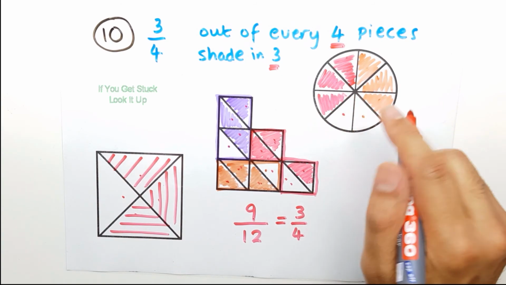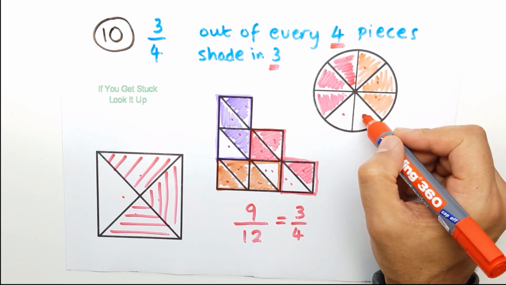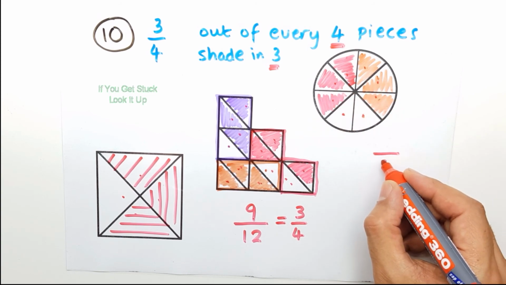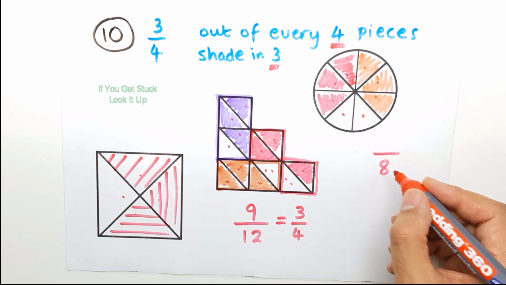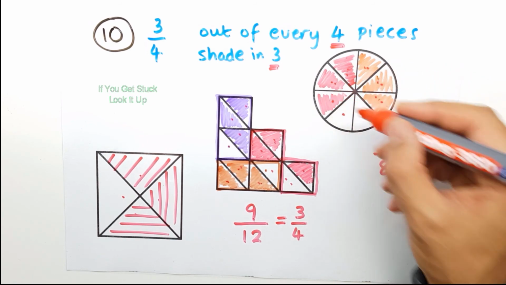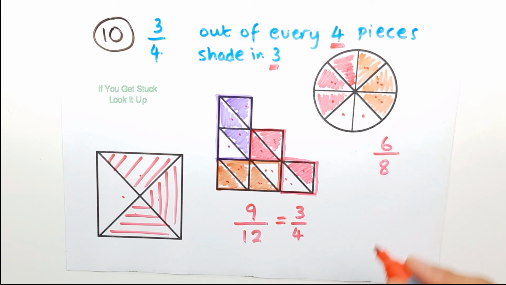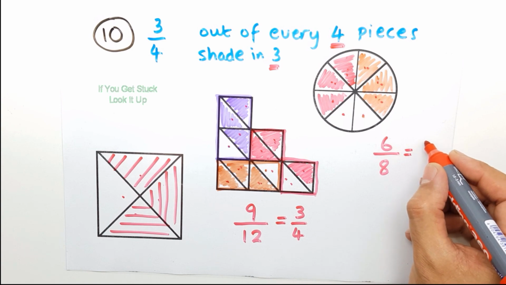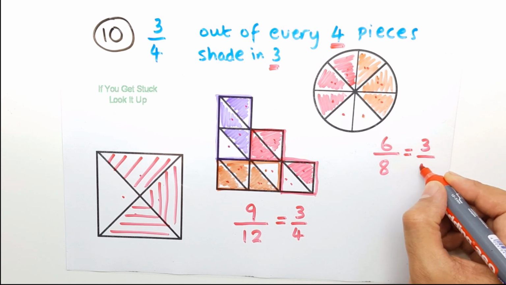So again, I have 8 pieces in total. So that's the denominator. And I've shaded in 6. 6/8 is equivalent or equal to 3/4.